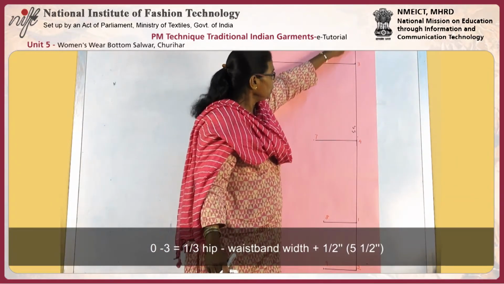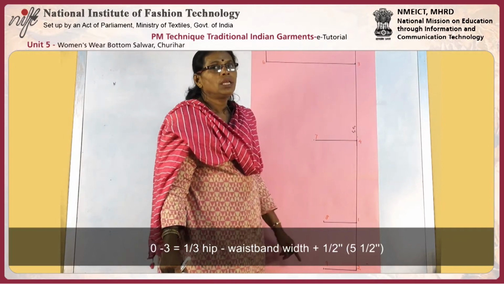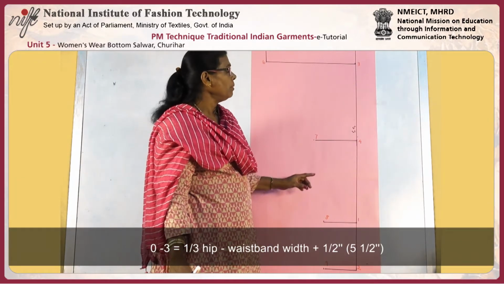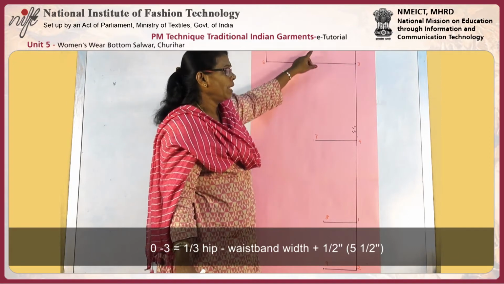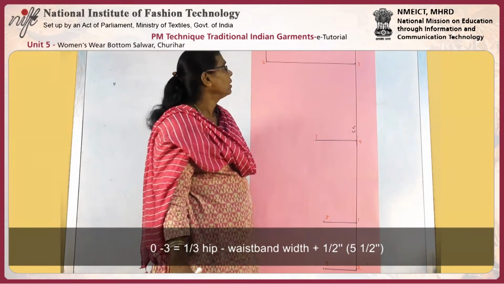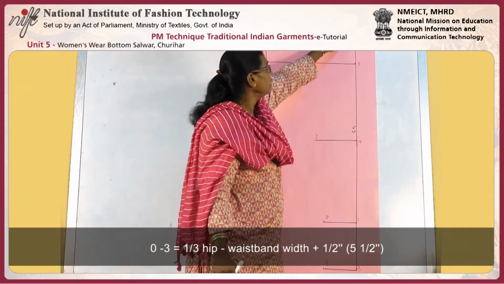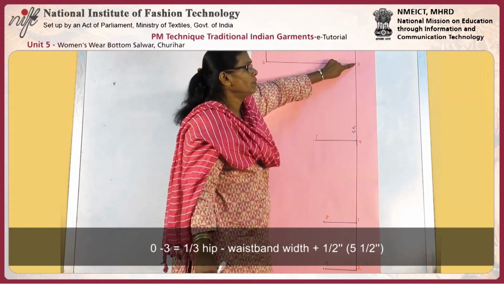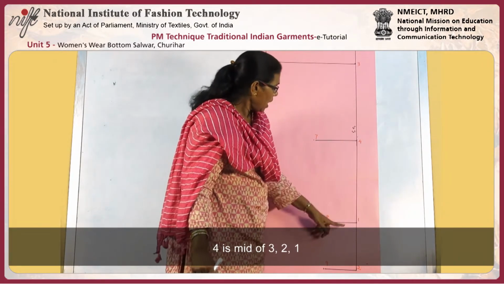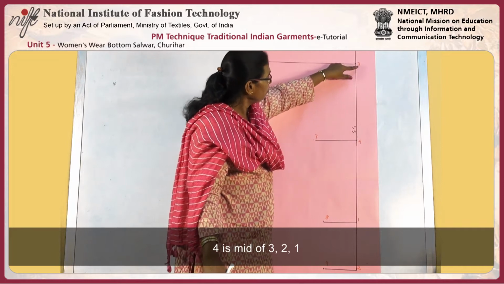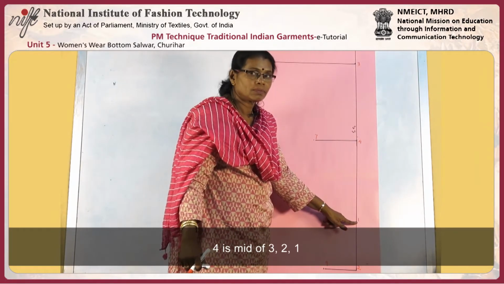And 0,3 is hip by 3 minus waistband width. So 12 minus 7 can be 5 plus half an inch, 5 and a half inches, and 4 is mid of 3 to 1.